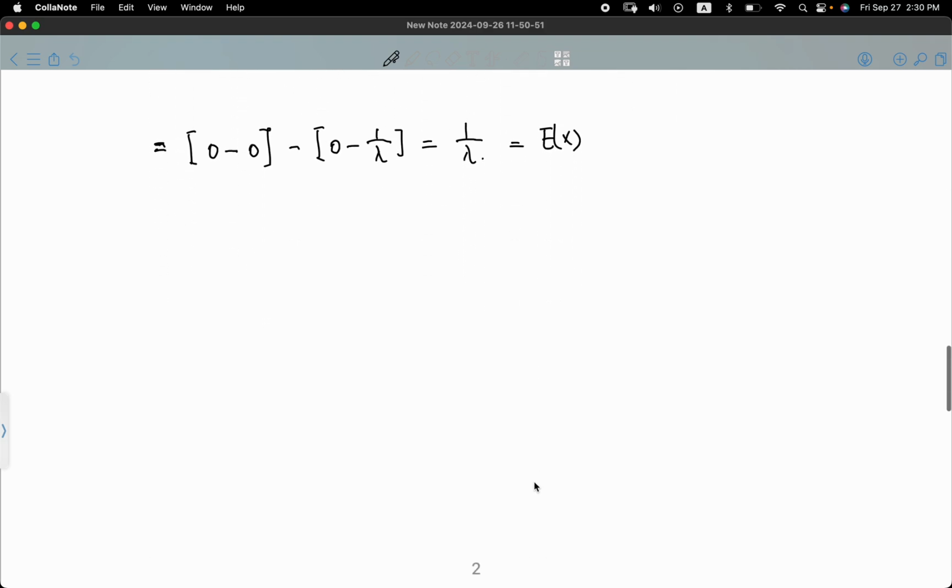Next, let's find the second moment. Again, just by taking the formula, x squared f of x dx.